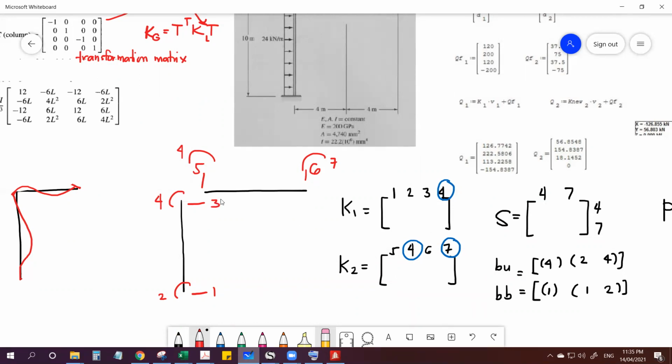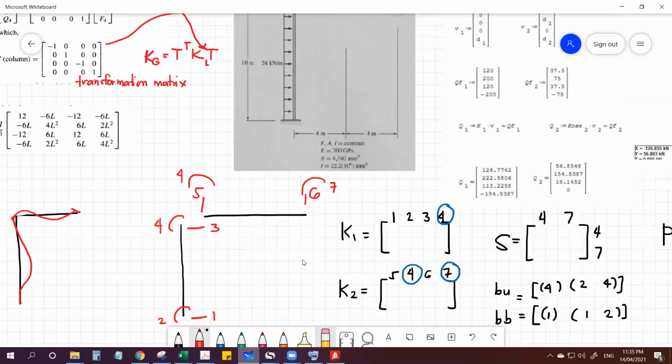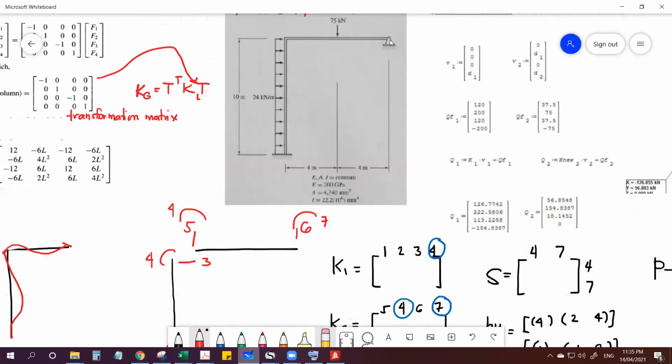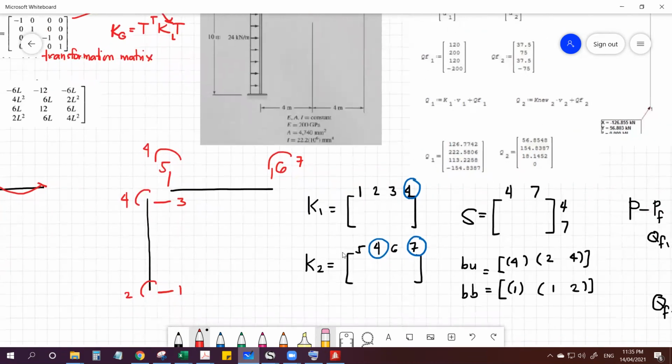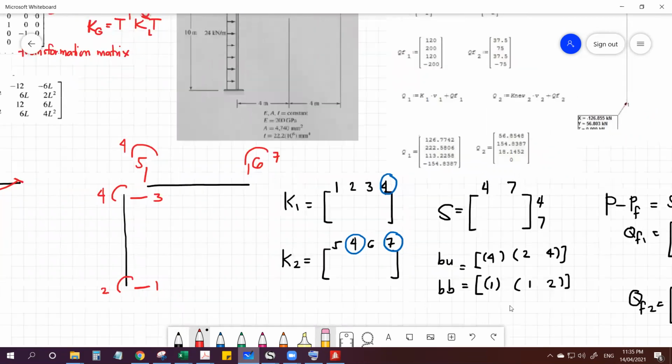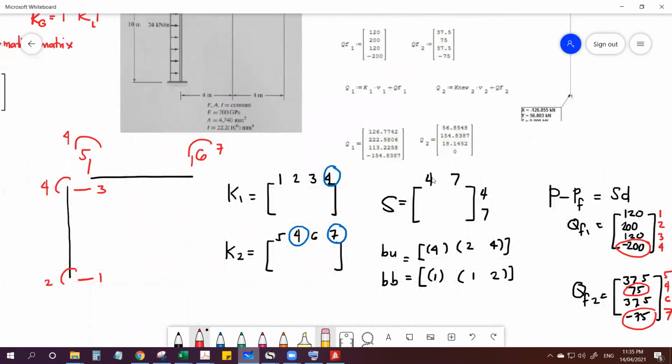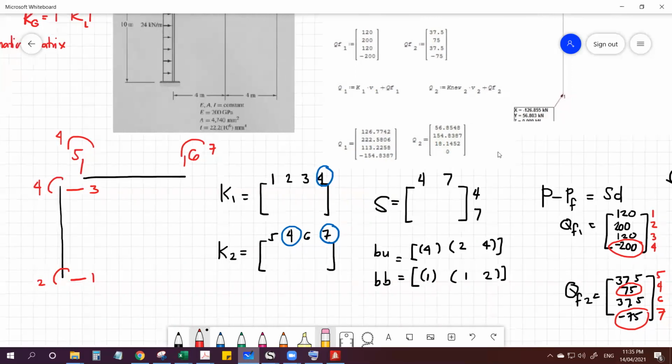Now for K2, since the end here is only a pin support, you will have a rotation at 4 and a rotation at 7. So 5, 4, 6, 7. Therefore, you have only two unknowns, which are coded as 4 and 7. So our S matrix is 2 by 2.